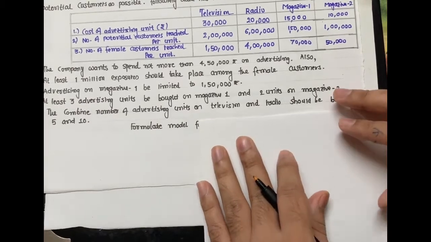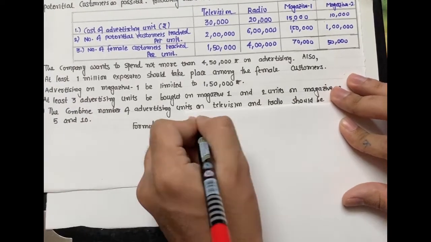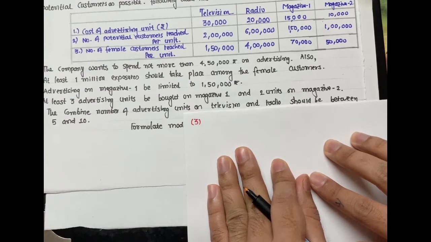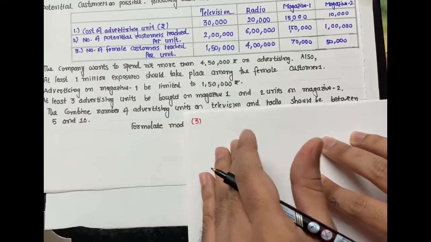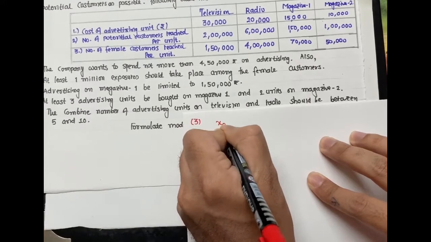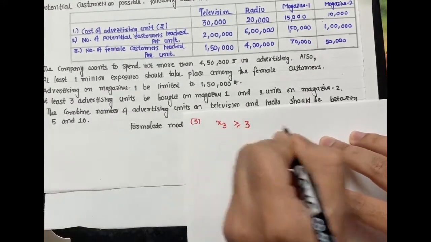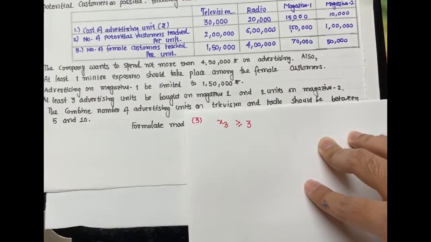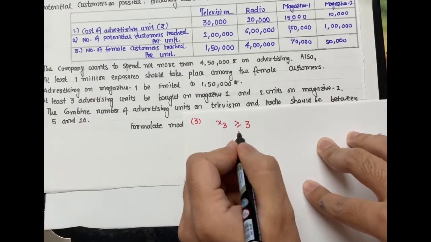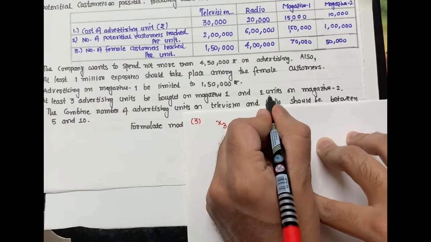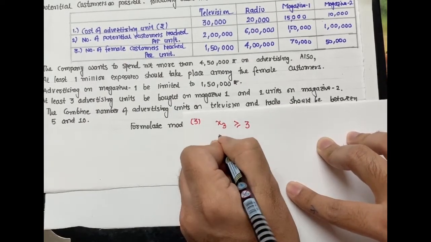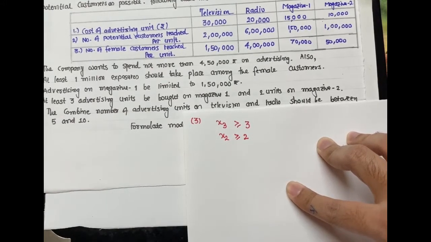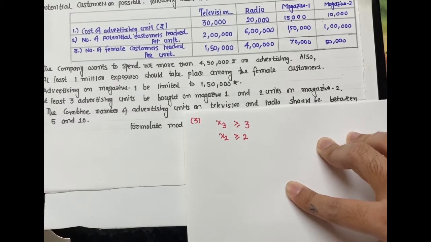So x3 should be greater than or equal to 3. x3 is the number of units of advertisement broadcast in magazine 1, so it should be at least 3, and for 2 units on magazine 2, x2 should be greater than or equal to 2. So this satisfies the constraint.